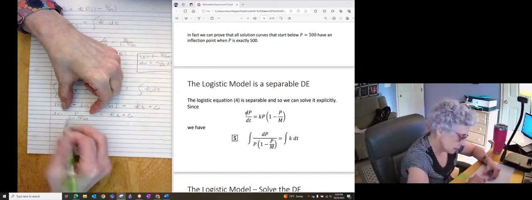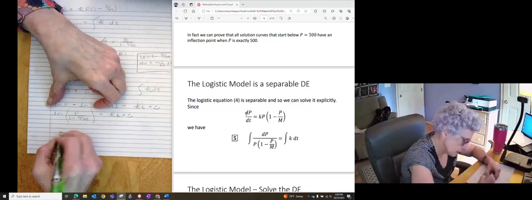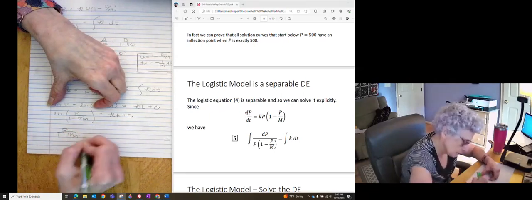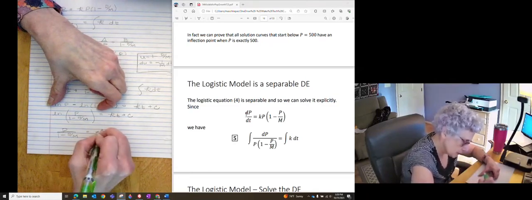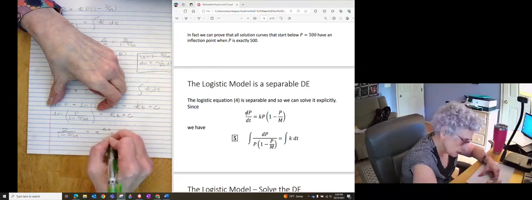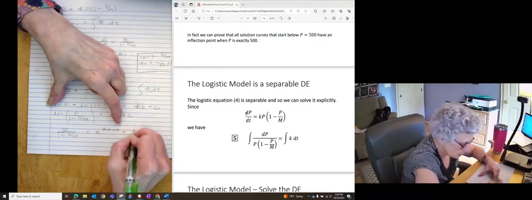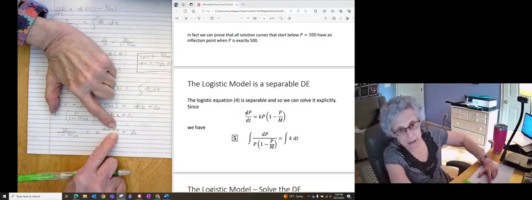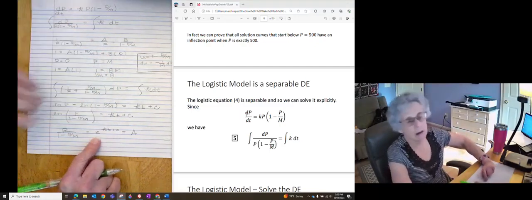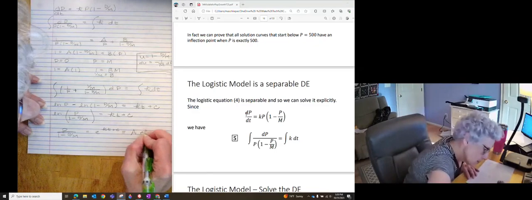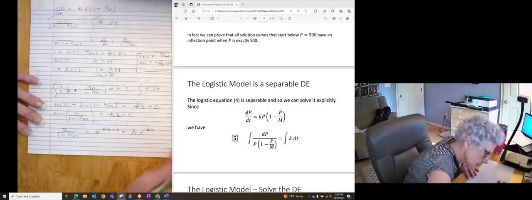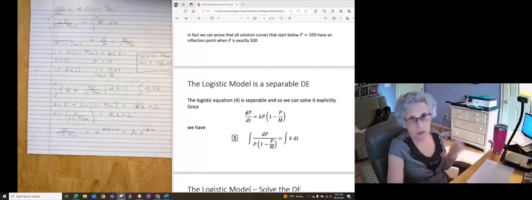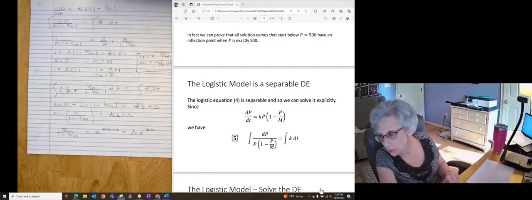When I make this side the exponent of e, I end up with P over 1 minus P over M is equal to e to the kt plus C, which is equal to e to the kt times e to the C, which is just a constant, so I'm going to call it A, times e to the kt. I'm going to take a break and copy it onto another sheet of paper, and then we'll carry on.